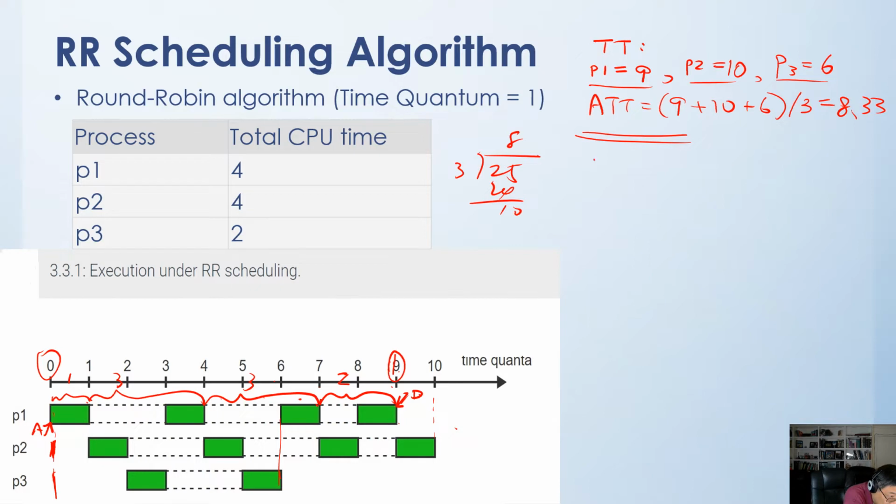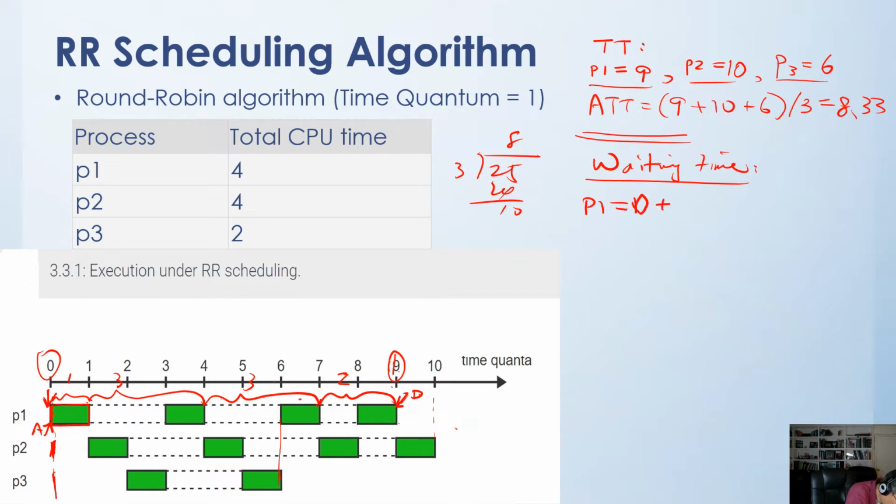Now let's take a look at the waiting time. For the waiting time for P1, again, we check each individual part. For the first part, it starts at time 0 and immediately gets the CPU, so the waiting time for the first piece is 0.